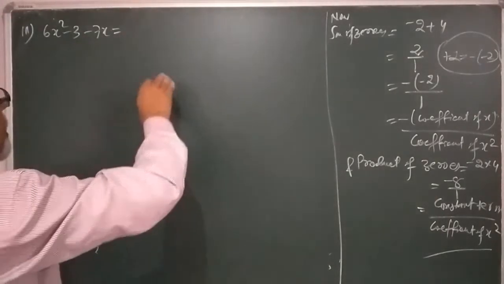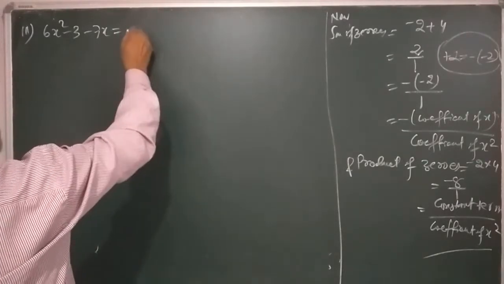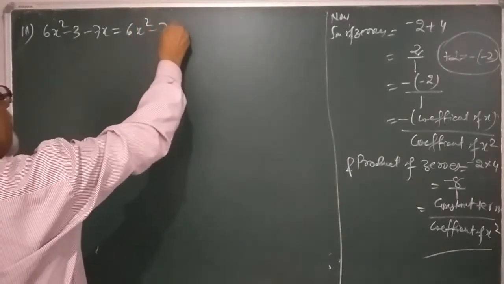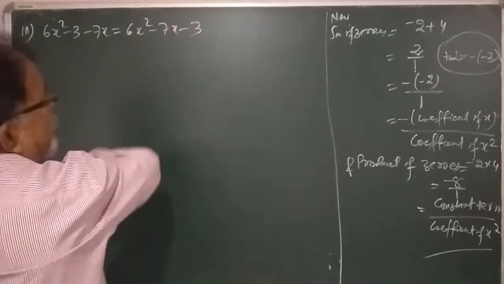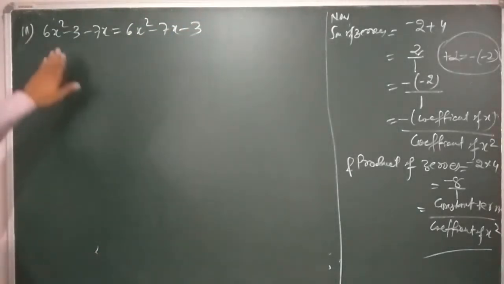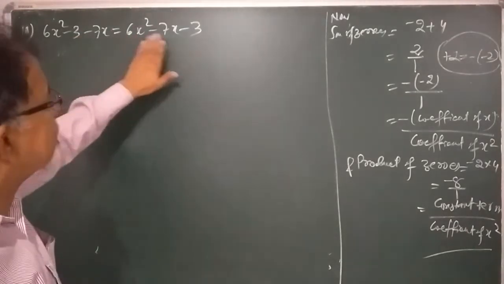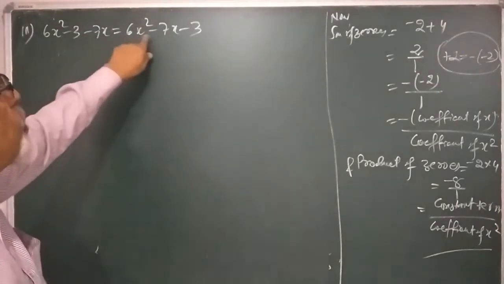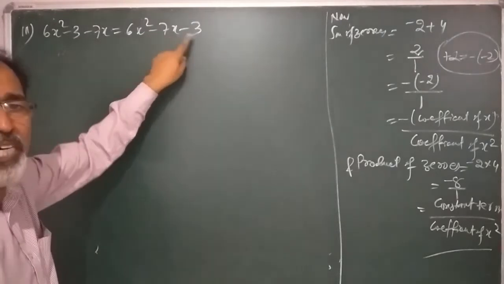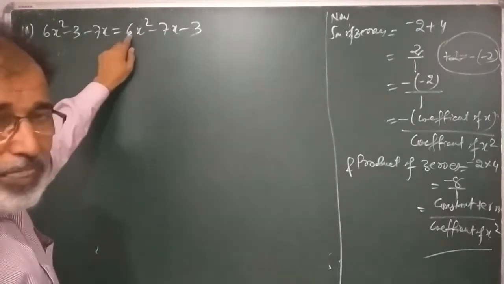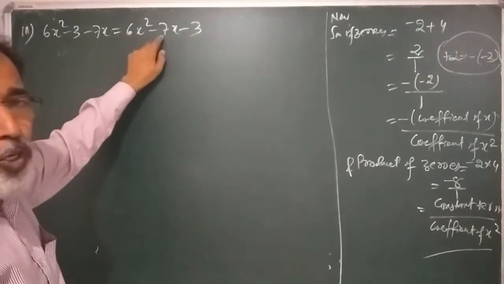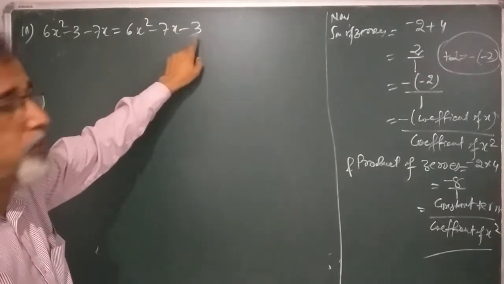I can write it in the standard form as 6x square minus 7x minus 3, because it was not in the proper order of ax square plus bx plus c. Now it is in the proper order, in the form ax square plus bx plus c. Here 6 equals a, minus 7 equals b, and minus 3 equals c.